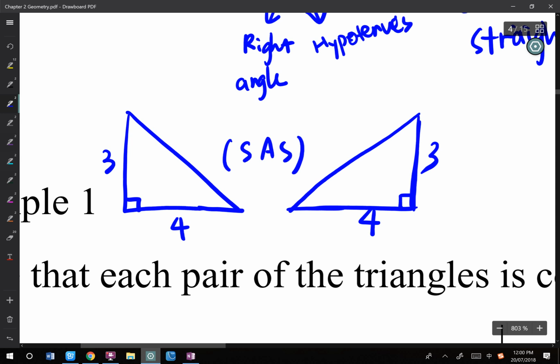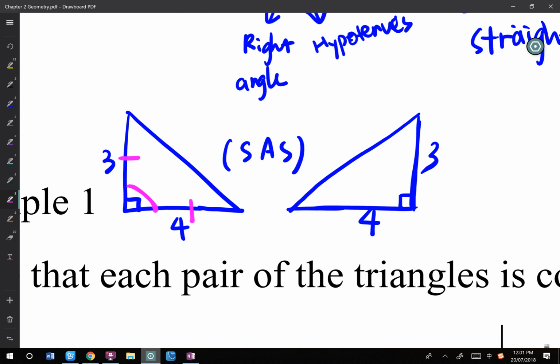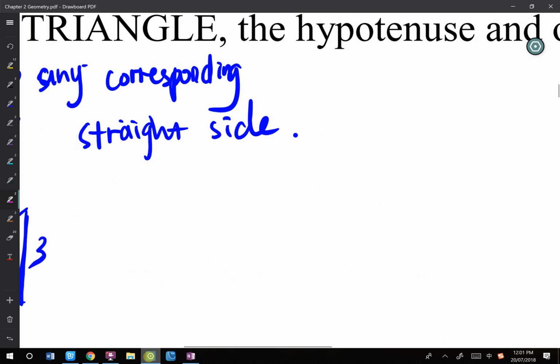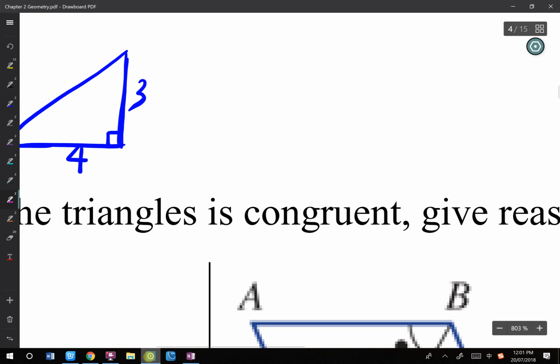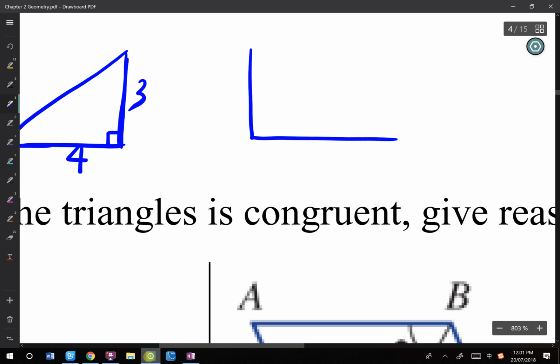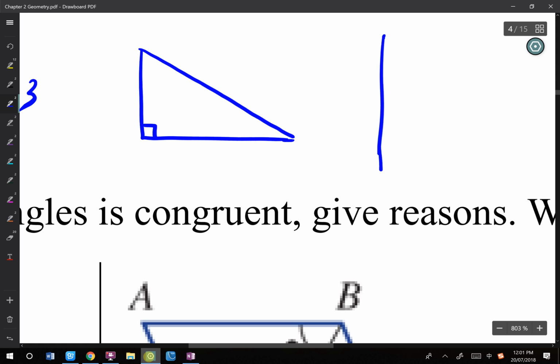Because we have 2 sides and the included angle. So that's the SAS case. But RHL is a little bit different because it needs hypotenuse and any straight side. So in this case I should have a right angle here, right angle here. Hypotenuse is 5, but here is 3.